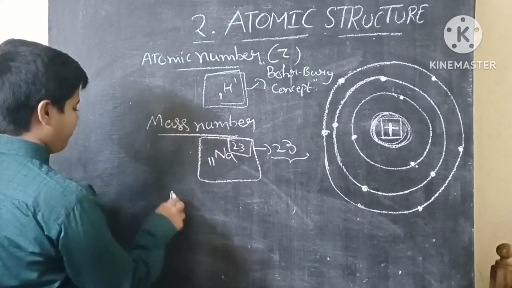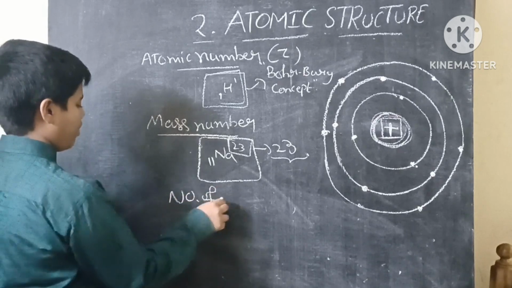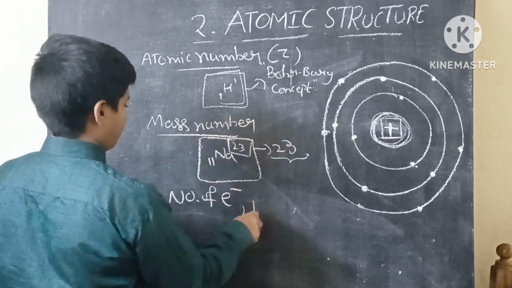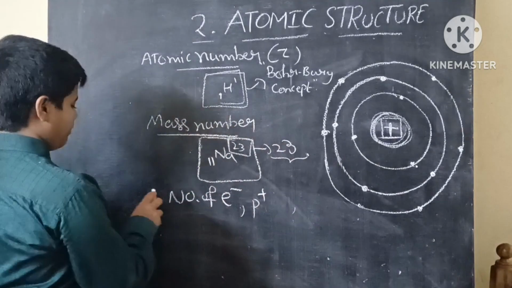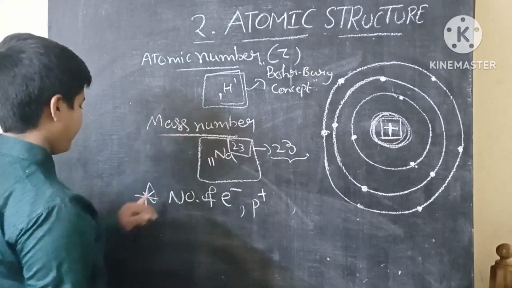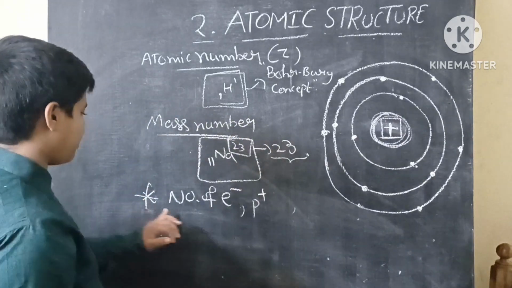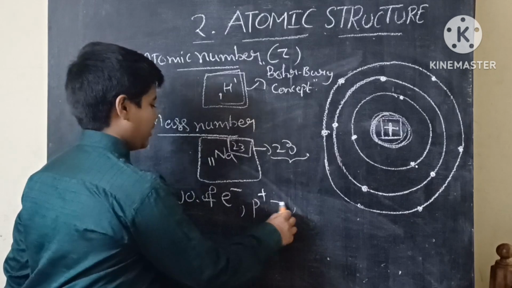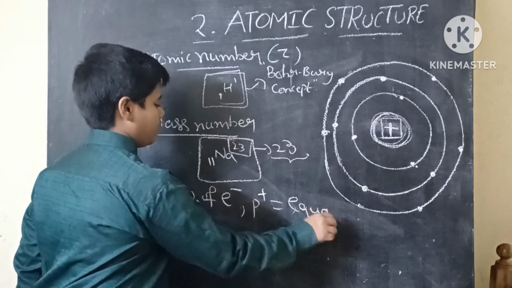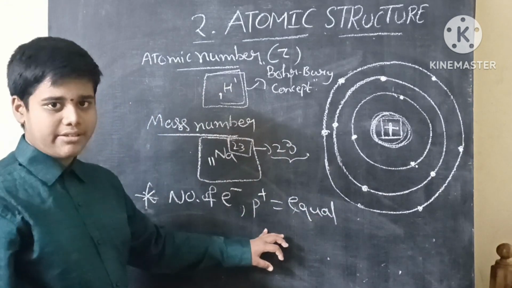And if I find number of electrons and protons, very important point, these both are equal. Electrons and protons are equal.